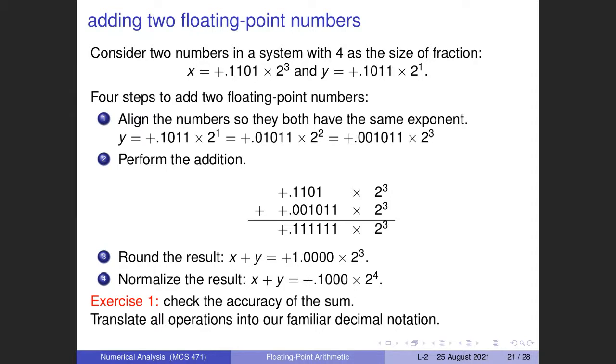The first thing that happens is that we do the denormalization of potentially one of the numbers. If both numbers have the same exponent, then denormalization doesn't need to happen. But here we actually are adding a number that is much smaller. So the second number is here normalized but we need to denormalize it.